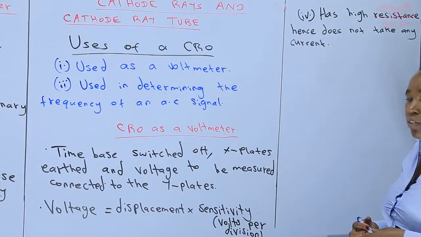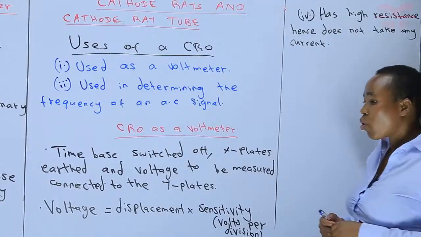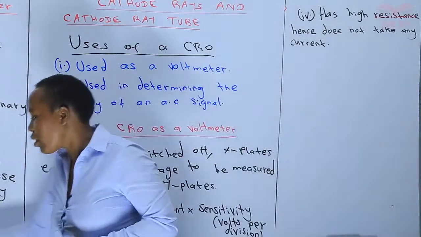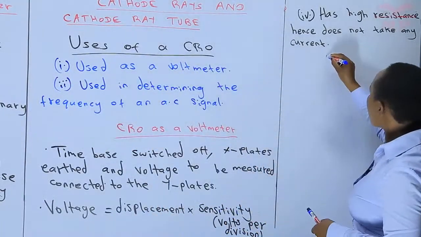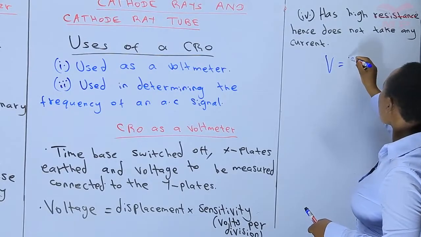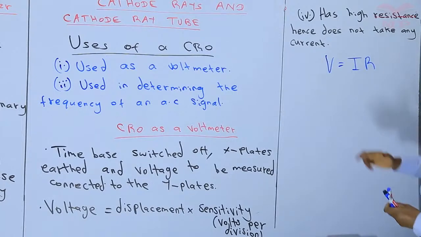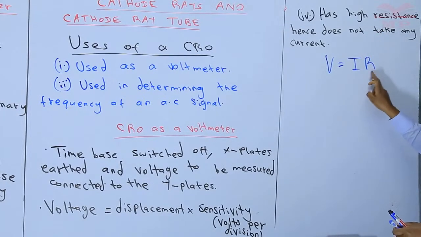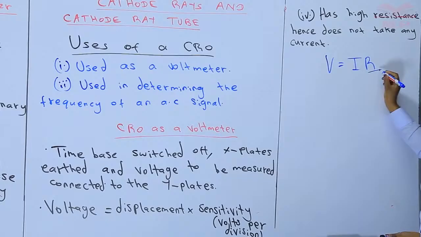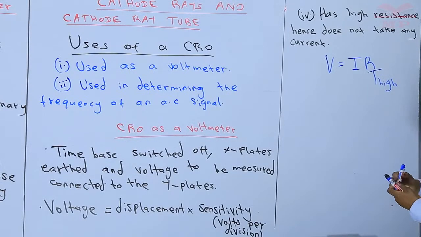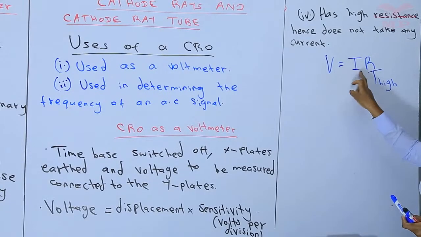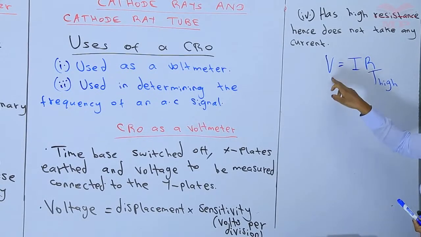From current electricity, on Ohm's law, we know very well that Ohm's law relates voltage to resistance, that is V = IR, and we are saying that a CRO has a very high resistance. That means it is not going to take any current or even any voltage.